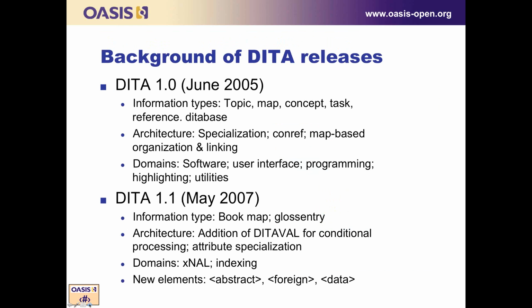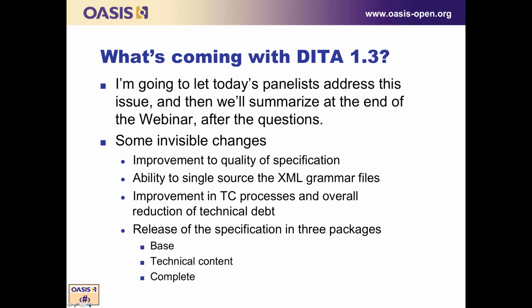But I did want to address some of what I think of as the invisible but very important changes. We've put a lot of attention to improving the quality of the specification, making it more usable and better written. And we are now able to single source our XML grammar files. We've added support for RelaxNG as the new normative version of the DITA grammar files.